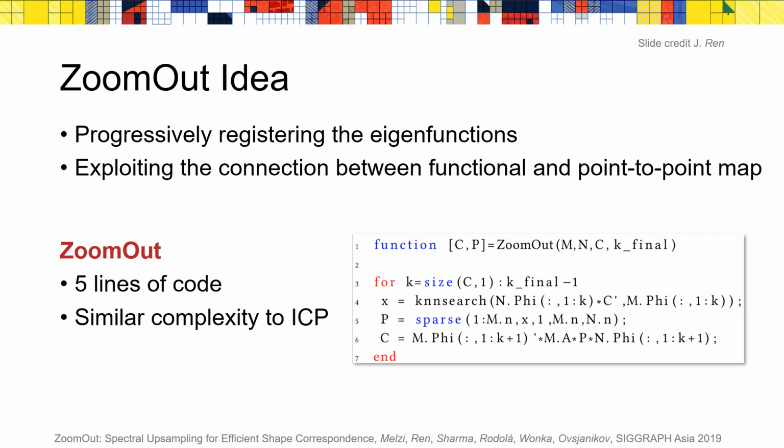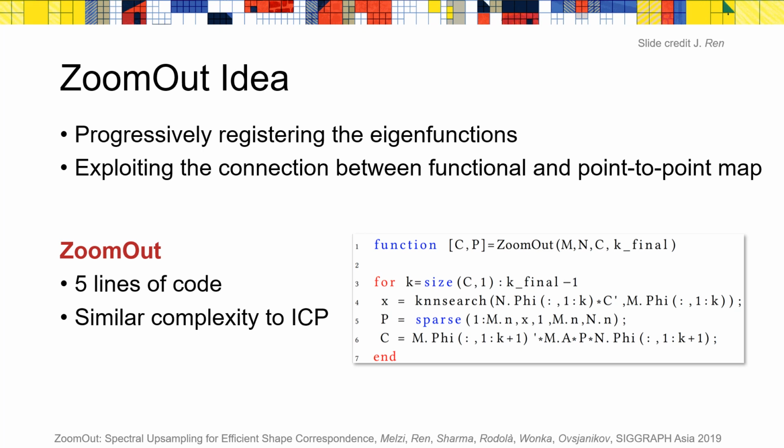The main aspect of zoom out is that it is very simple to implement. It can be written in 5 lines of code, and the complexity of the zoom out method is similar to the one of ICP.